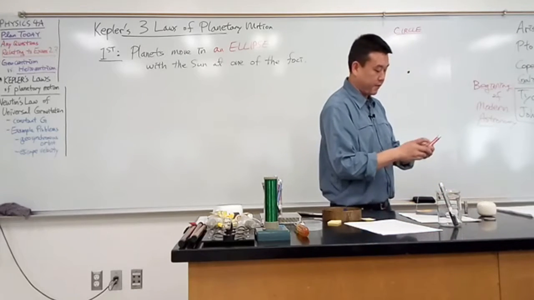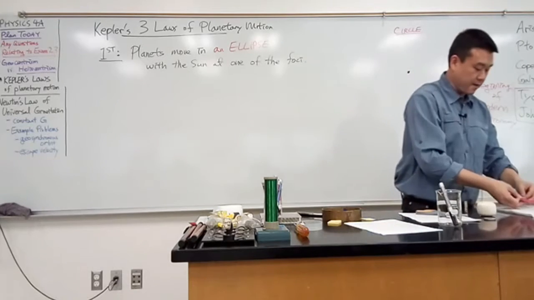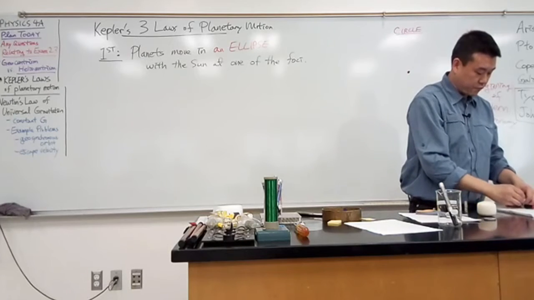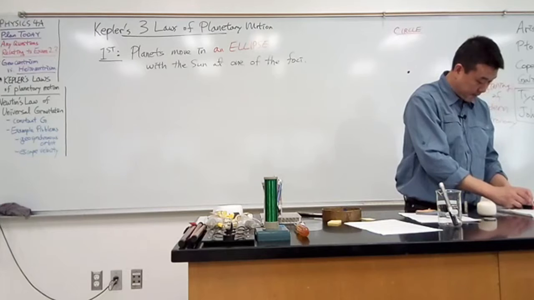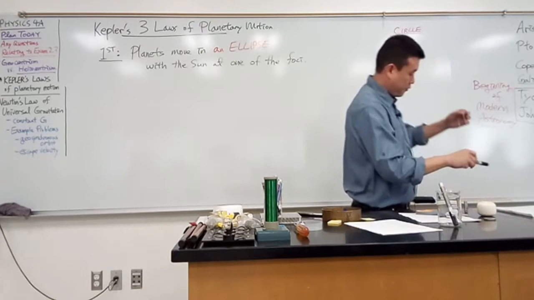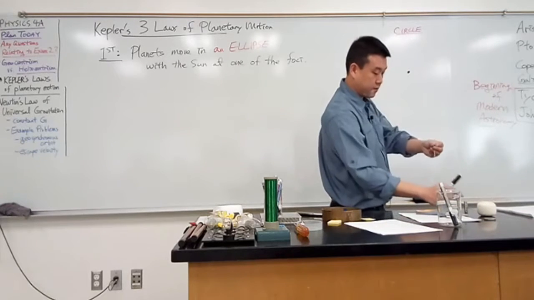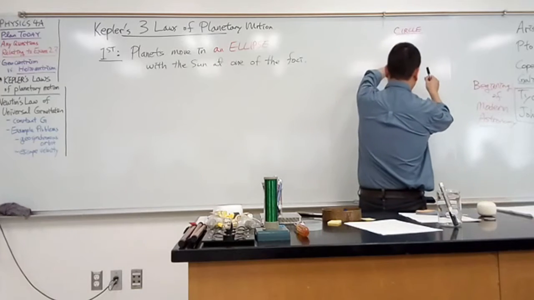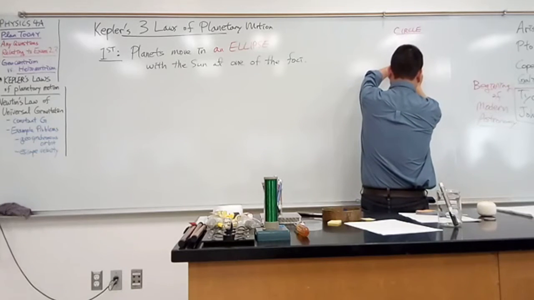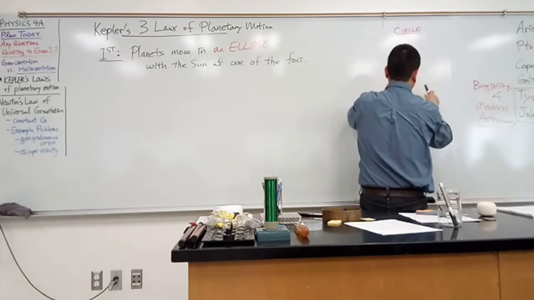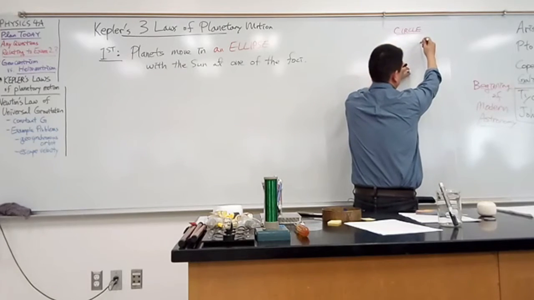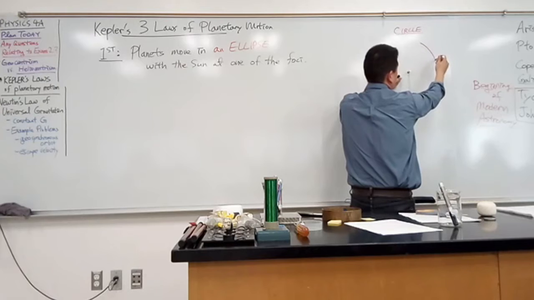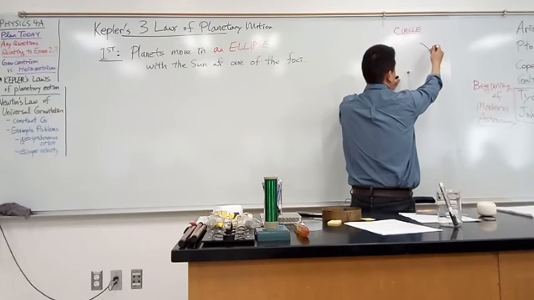Put a string around the pen to make sure that I'm going to be drawing out the same distance from what I'm going to call my center. And I'm going to fix this down at the center with the help of this magnet. So here's my fixed point. So I make sure it's drawn in a way that the distance from this point to all the points on my circle are the same.